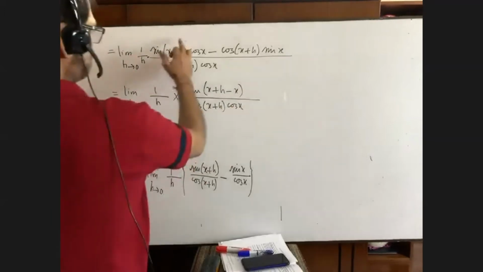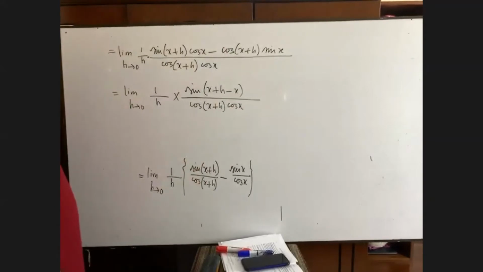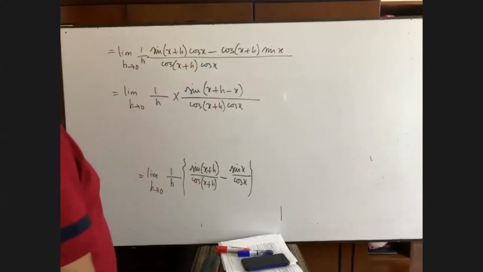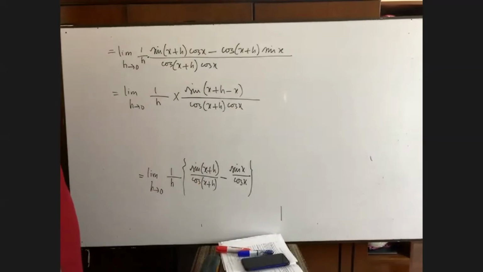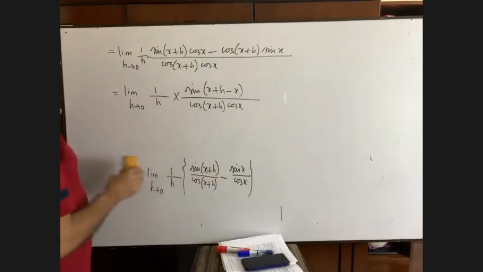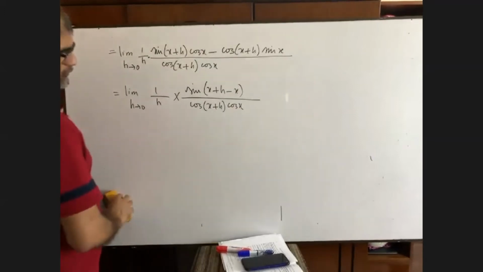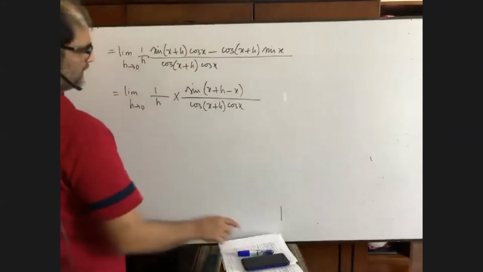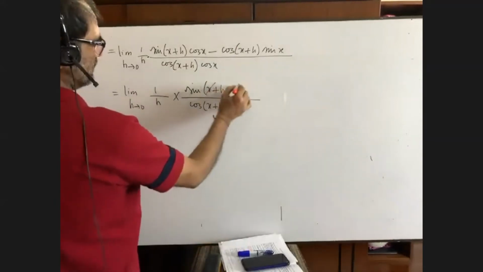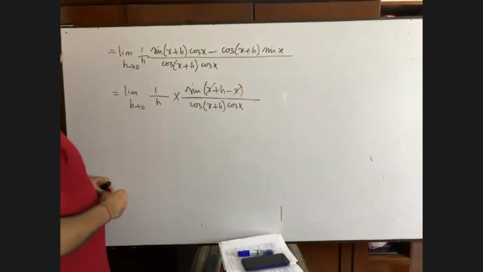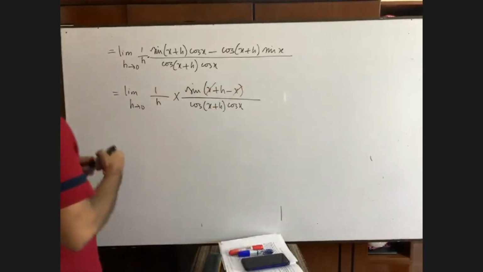The numerator can be put into formula of sin a cos b minus cos a sin b, that is sin of a minus b, right? Formula number 2. Now we see this will be omitted. So we'll be left with only sin h.